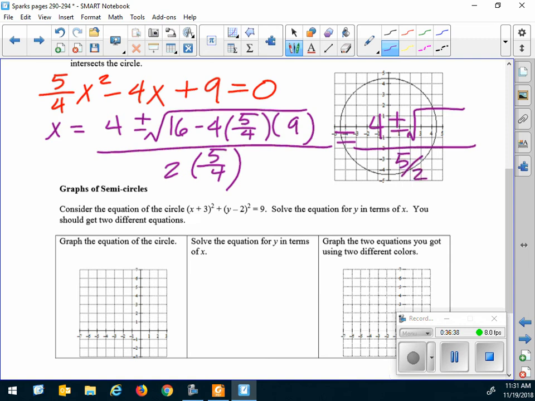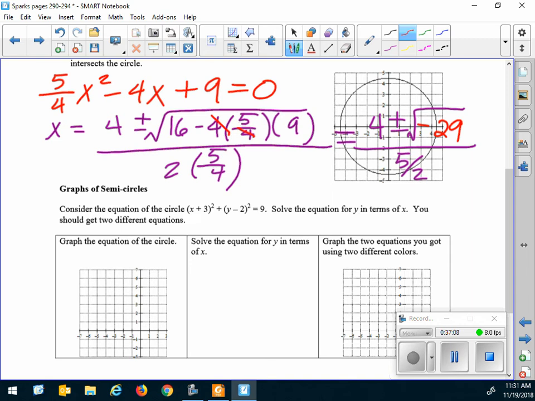Now what's nice, look right here. So it's 16 minus what? 45. And 16 minus 45 is imaginary. Therefore, no real solutions.